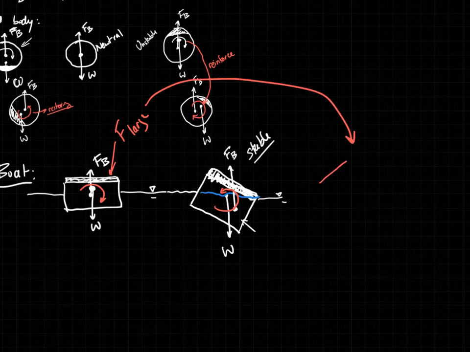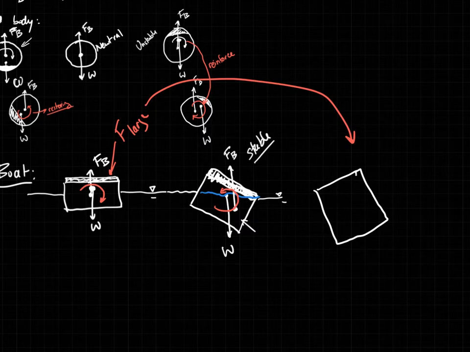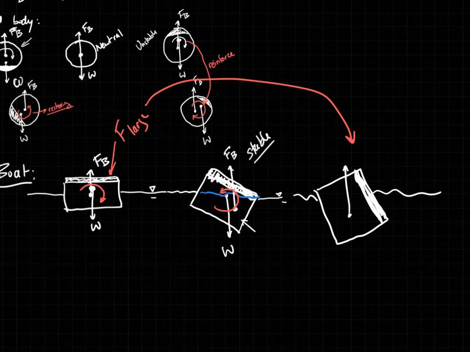Oh, I don't want to do that in red. Let's do white. And so suddenly your boat will get far enough over. I mean, obviously I'm exaggerating this, and each boat is going to have its own characteristics, but the force of buoyancy will be here, and the weight will be here.